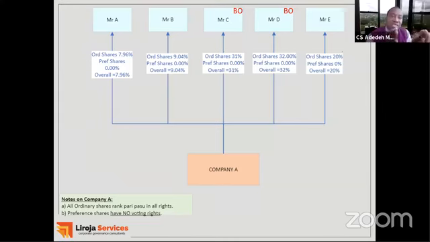And we find that Mr. A still falls below 10%, Mr. B falls below 10%, Mr. C is 31%, Mr. D is 32%, and Mr. E controls 20% of the ordinary shares, but they have no preference shares, so to speak. So their percentage voting in the company is 20. And on this basis, we now identify Mr. E as a beneficial owner.